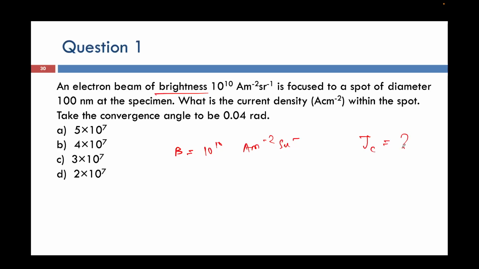The spot diameter it has given, and the convergence angle, alpha, is 0.04 radian. So can anyone solve this question? Just try to solve it for 1 minute, then I will solve it. These are the given brightness, convergence angle, and the probe diameter, and it is asking what is the current density.